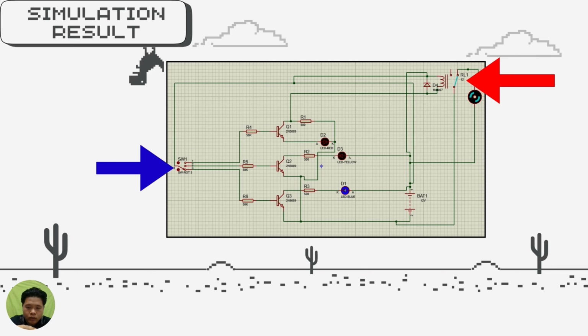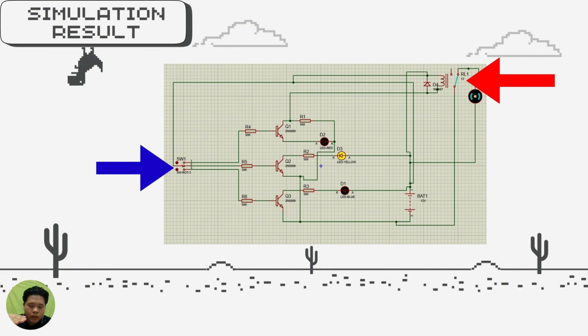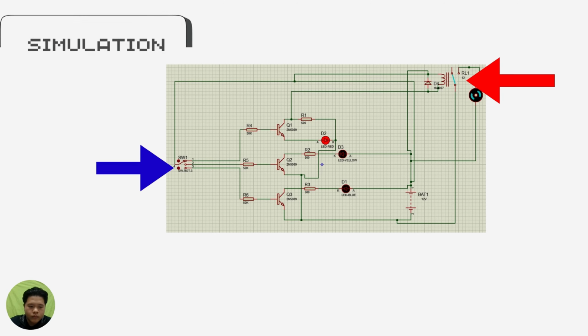And the switch at the relay also turns on. Next is the second condition, at the middle. It will turn on the switch at the middle, and it will turn on the transistor, and the yellow LED will turn on. And the valve, the relay at the red arrow, will still be on.